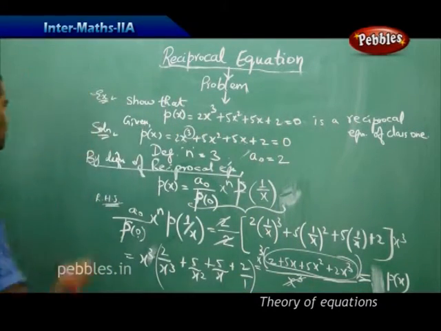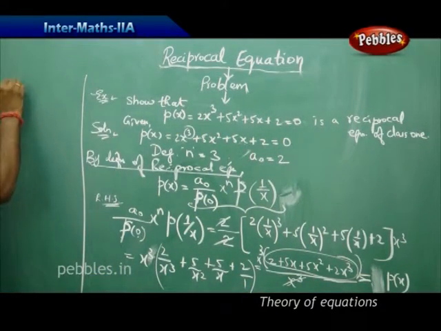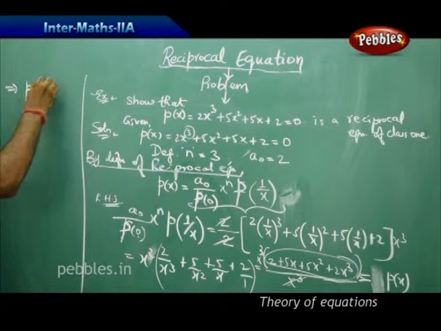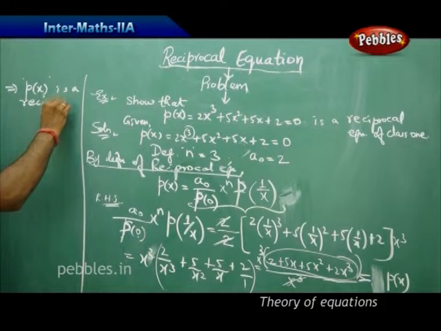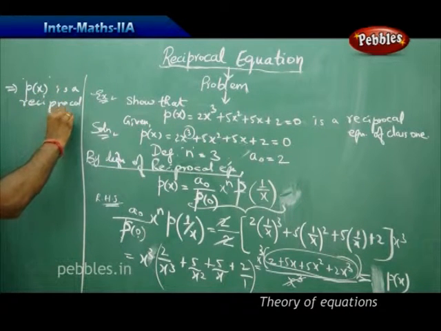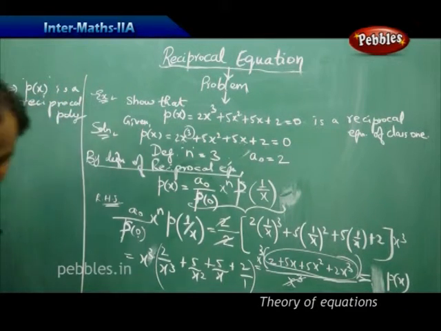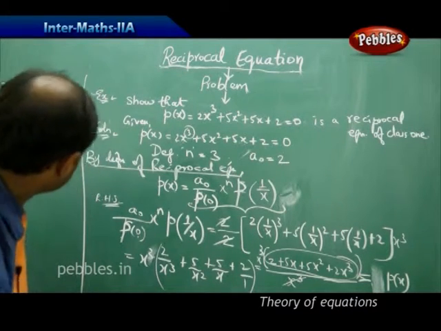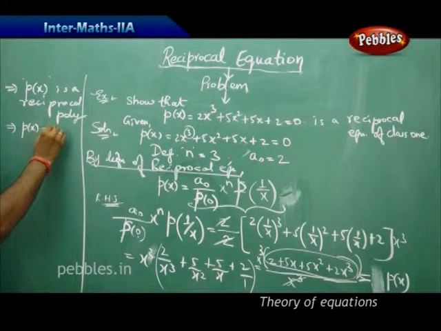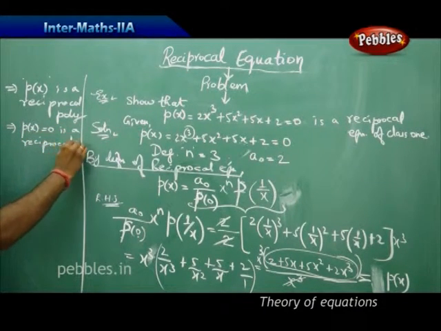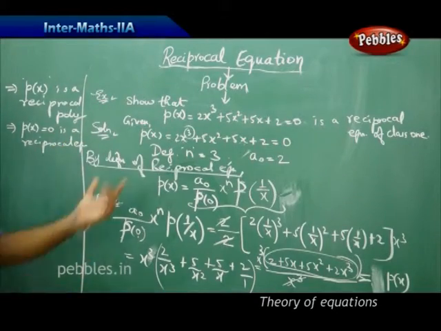This proves that P of x is a reciprocal polynomial, and hence P of x is a reciprocal equation, is what we identify.